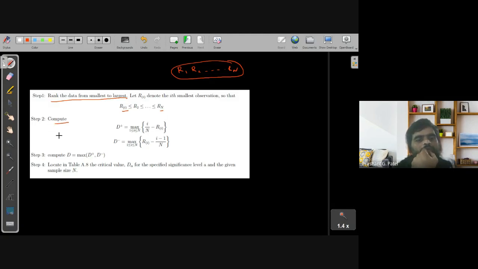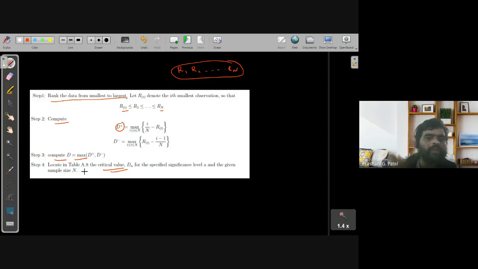Step 2 is to compute D plus. D plus is the maximum of i upon n minus Ri. D minus is the maximum of Ri minus (i minus 1) by n. Step 3 is to compute D, which is the maximum of D plus and D minus. And step 4 is to find the critical value from the table, which is given at the back of your book, or in the table book when you are dealing with the exam.